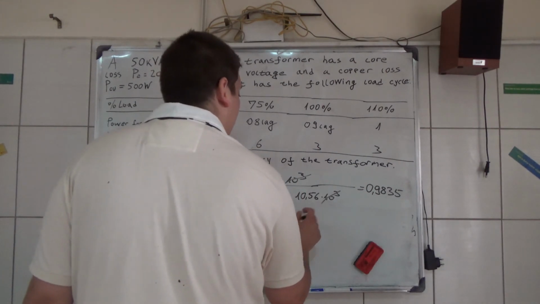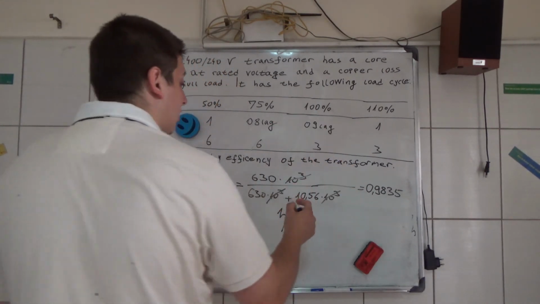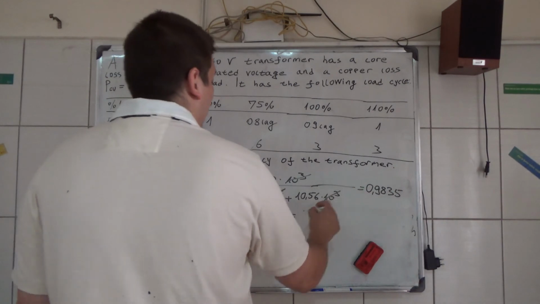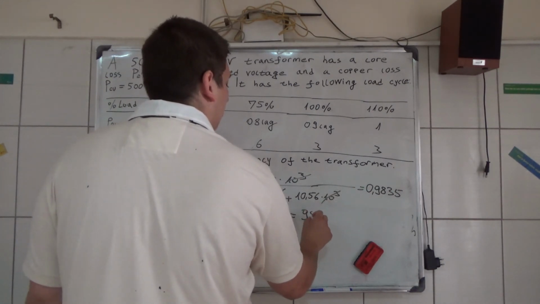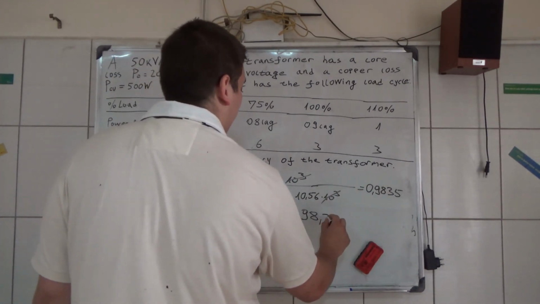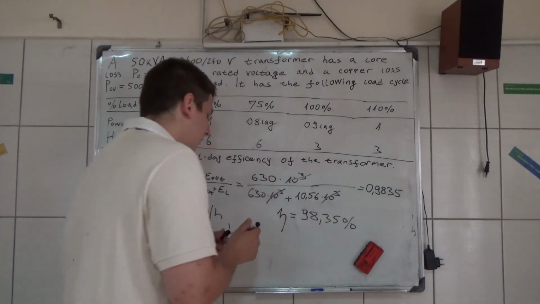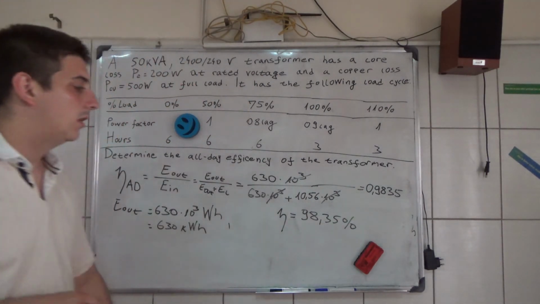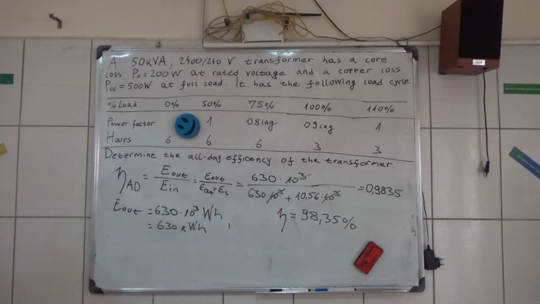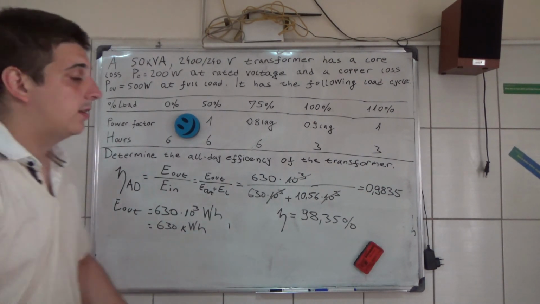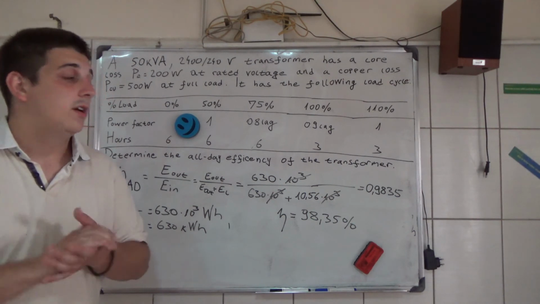But if you want to write that down in percentage, you just multiply this by 100 and add the percentage sign. And that is that for this example.